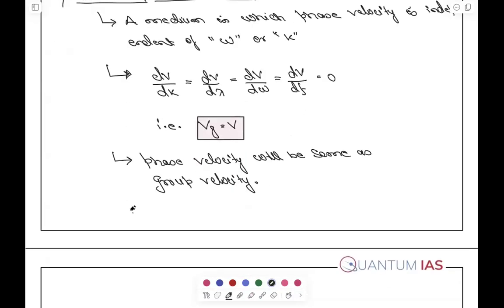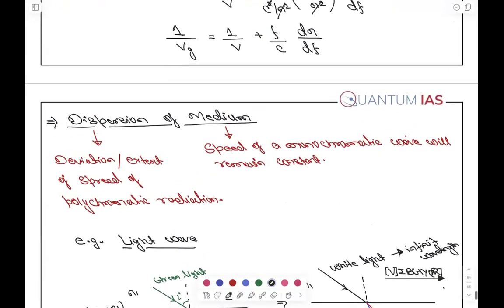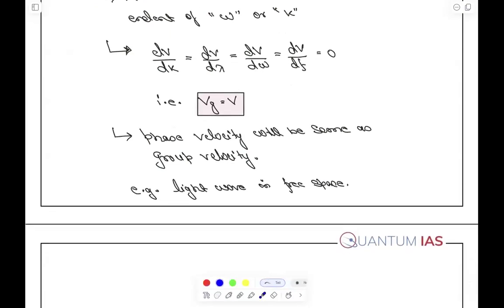For example, let's say a light wave in free space. Understand what I have told you: the medium has to be defined using a wave, not only the free space. Free space for a light wave is behaving as a dispersive medium.